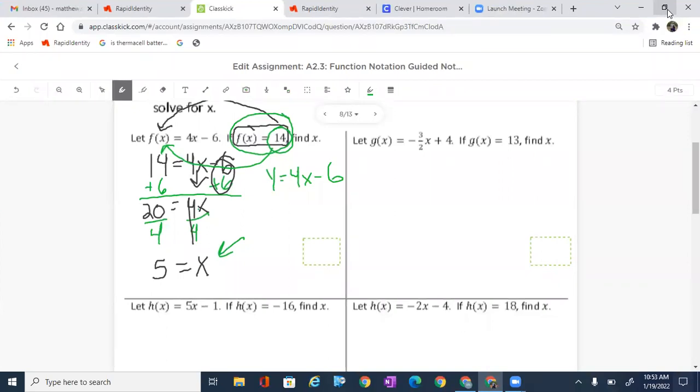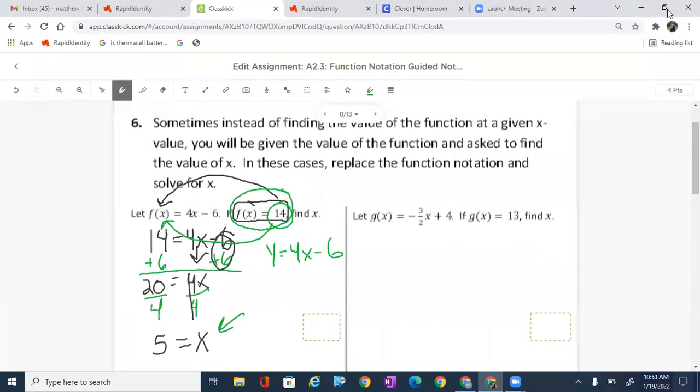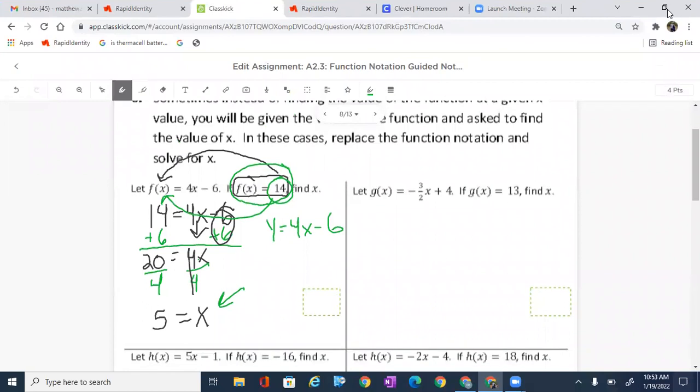Okay, so it says g of x equals 13, given that g of x equals negative 3 over 2x plus 4. So again, what we're going to do is say g of x equals 13. We're going to substitute that 13 in for that whole piece g of x. So I'm going to write 13 equals negative 3 over 2x plus 4.